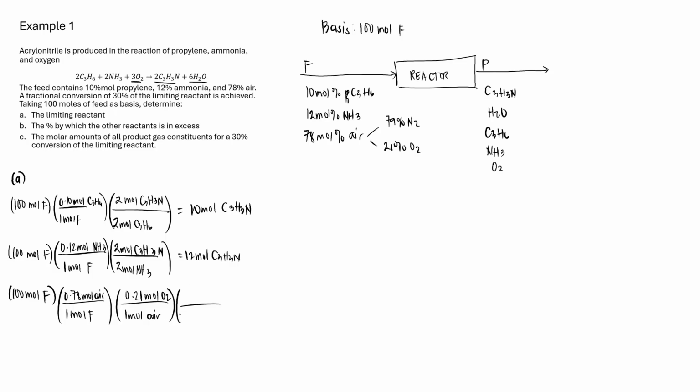And then to get 2 moles of acrylonitrile, you need 3 moles of O2. So that should be around 10.92 moles.